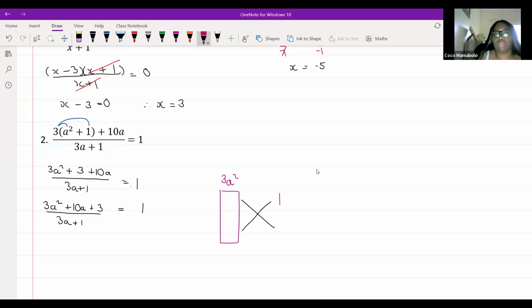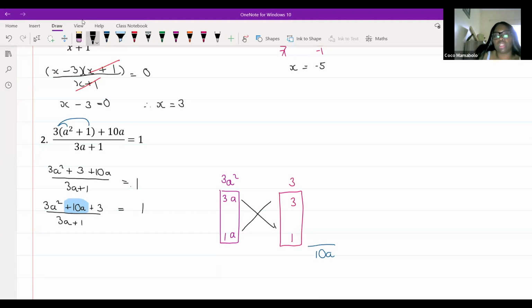And over here, I'm going to put all the values of 3. Luckily for us, the values of a squared are just going to be a, and the values are going to be 3 and 1 over here. Again, the factors of 3 are just going to be 3 and 1. All right. So what are we trying to get to? We're trying to get to 10a. Both of these added together must give us 10a.